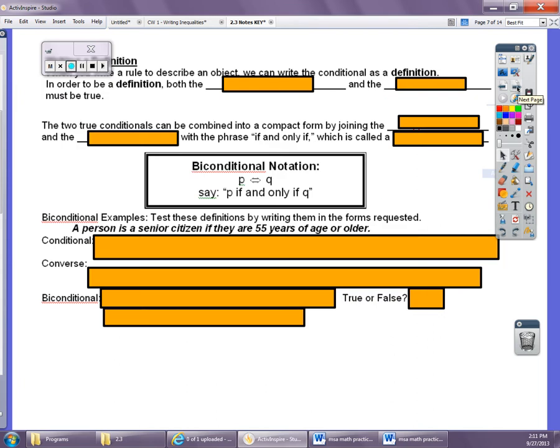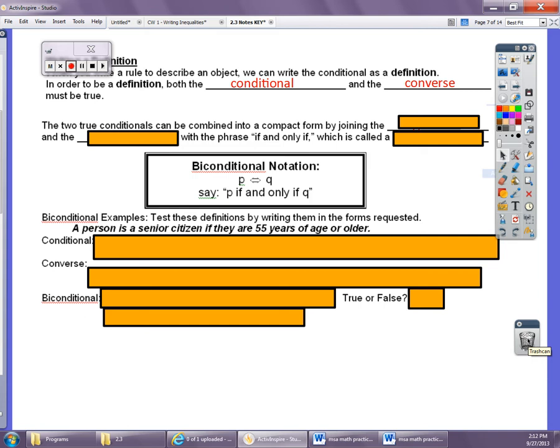Now, writing our definitions. When we get this, we can write the conditional. It's called a definition. In order for something to be a definition, both the conditional and the converse must be true. So if the conditional and the converse are true, then we have a definition.